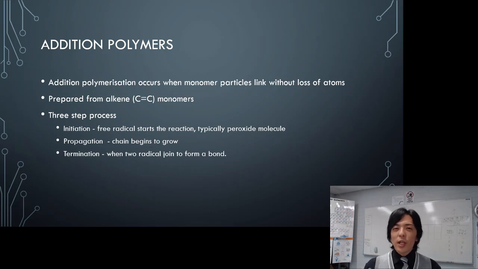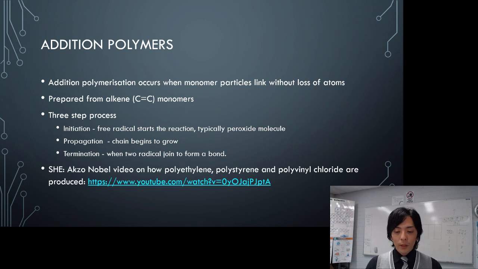And that also changes rigidity, so how hard the plastic becomes. And then termination, so the reaction needs to come to an end so that you can get the desired flimsiness or durability of a polymer. There's a bit of science concept. We'll watch the video so that you can see the connection between how plastic or polymers came about.